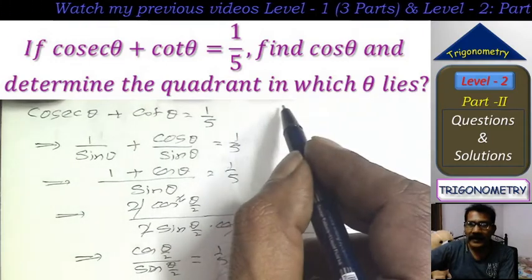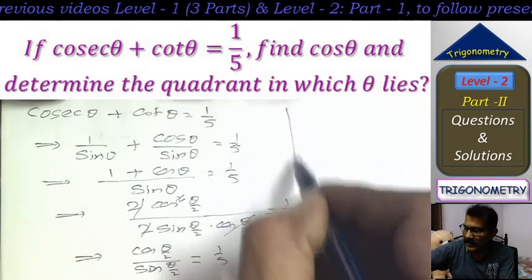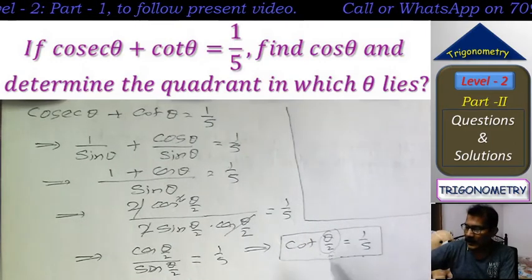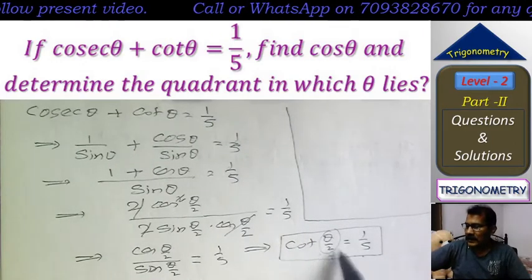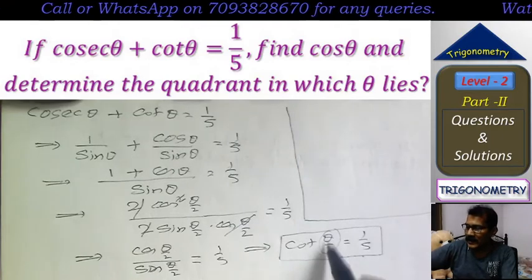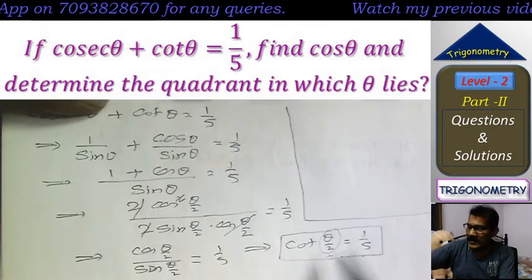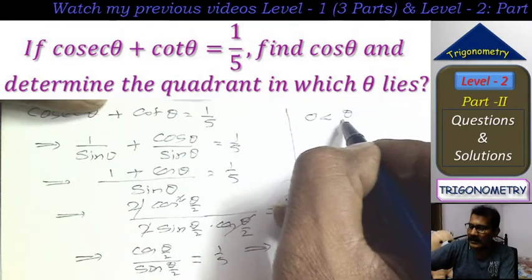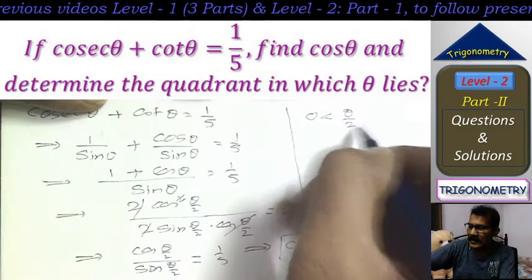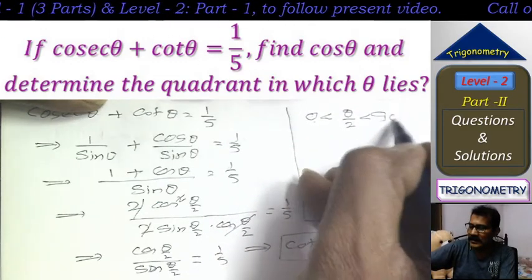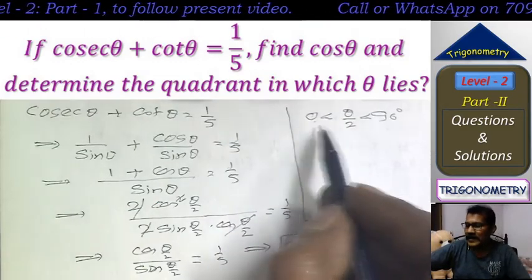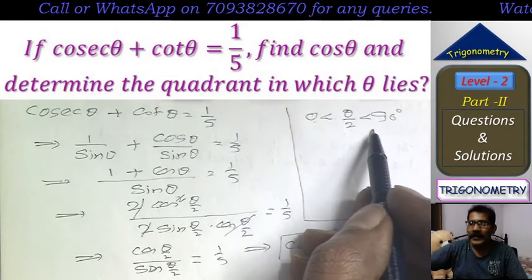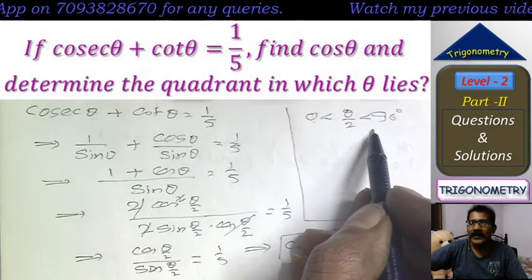Here let me write the possible locations of theta by 2. If this cot theta by 2 is in the first quadrant, theta by 2 must lie in the first quadrant. That we write 0 less than theta by 2 less than 90 degrees. In the sense theta by 2 is above 0 degrees, below 90 degrees, which indicates first quadrant. But in our question, it is asking in which quadrant theta lies.